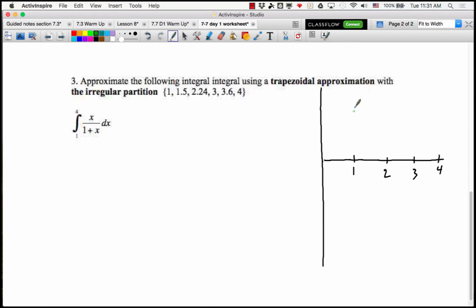Okay, we'll put a 1/2 up here. Okay, so 1.5. Now we plug in 1.5. Did someone plug in 1.5 and tell us? 0.6. What'd you say? 0.6.